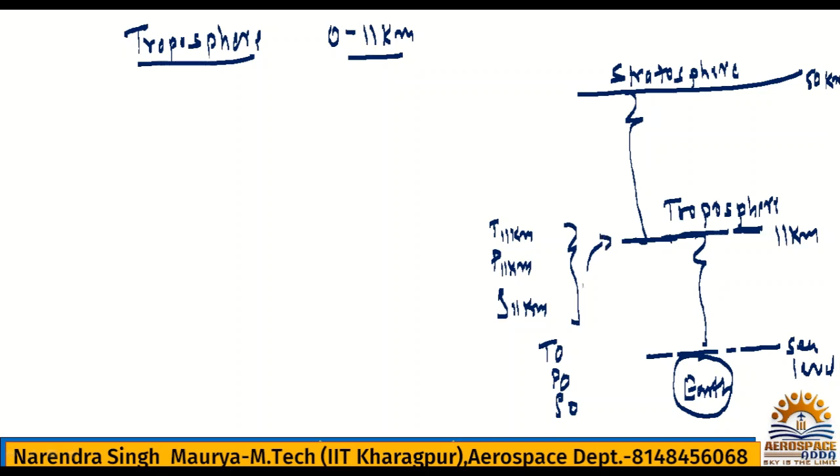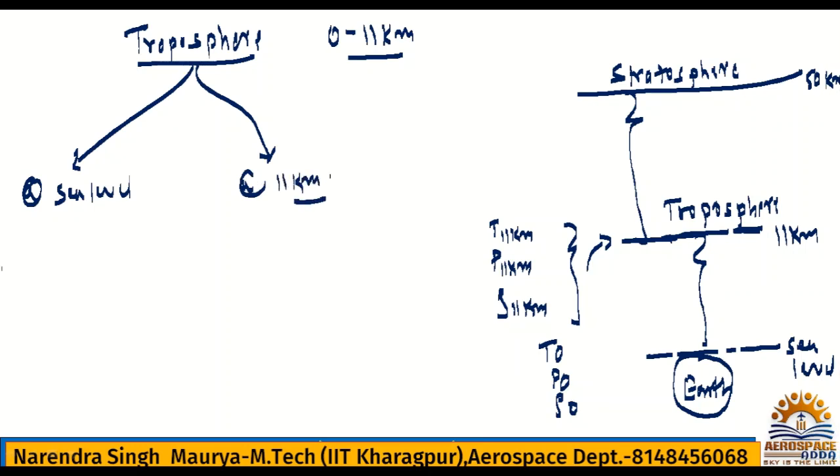So two stations I have shown you. In the troposphere, two station data is given: at sea level and at the exit of the troposphere, that is at 11 kilometers.